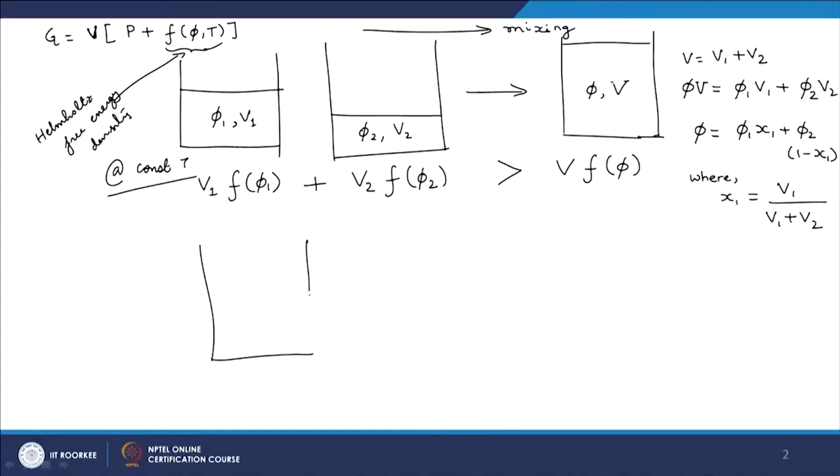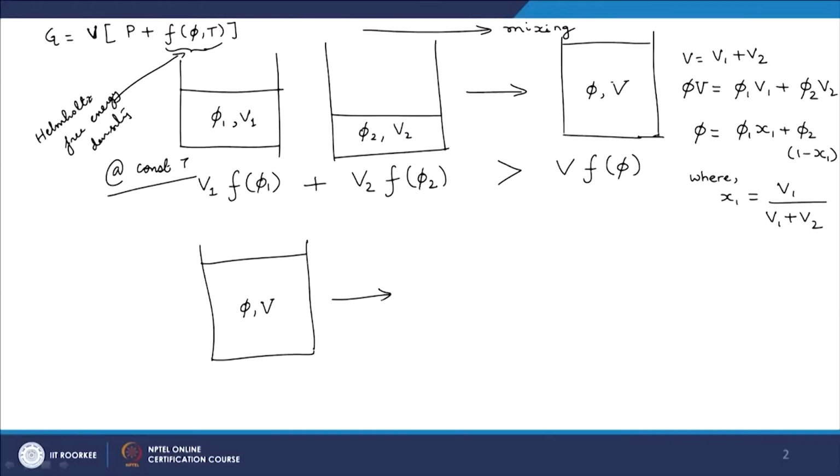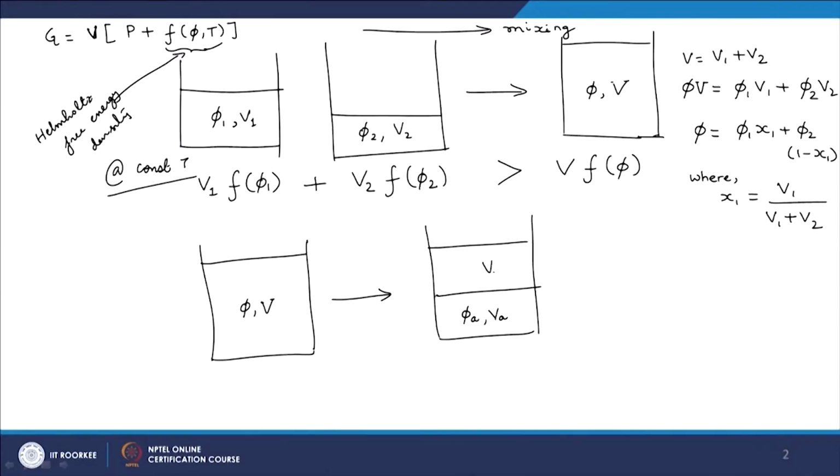Then I said that the reverse of this can happen, that is, we can start with a volume V containing a solute volume fraction phi, and this can then phase separate into two layers: a bottom layer with a volume VA and volume fraction phi A, and a top layer with volume fraction phi B and volume VB.